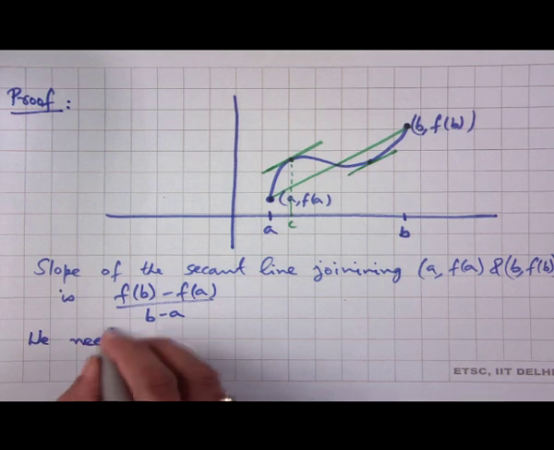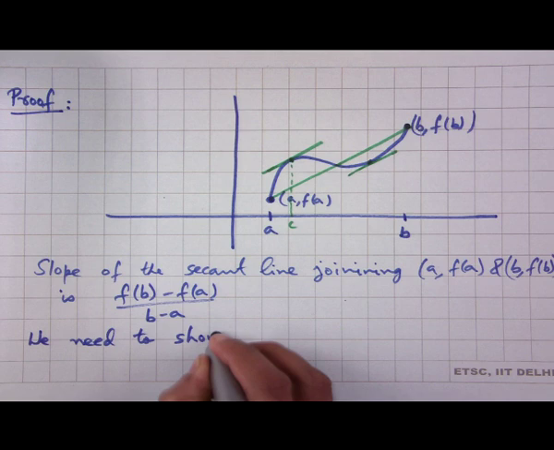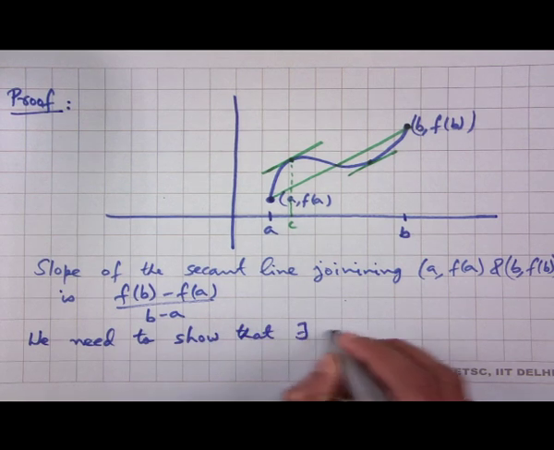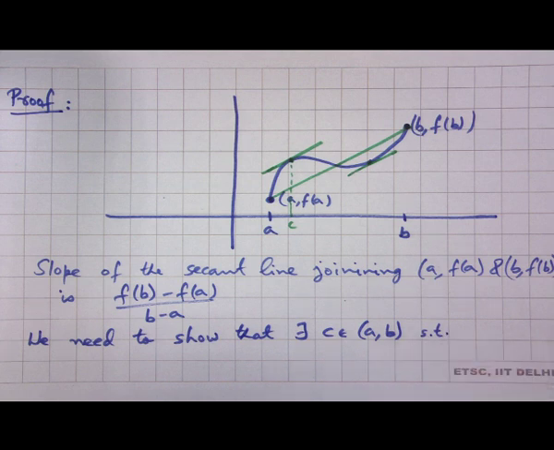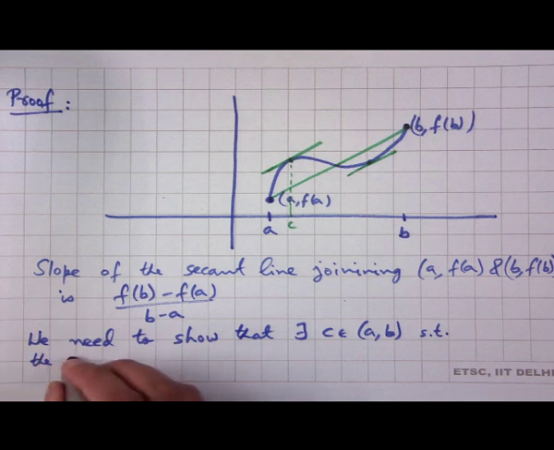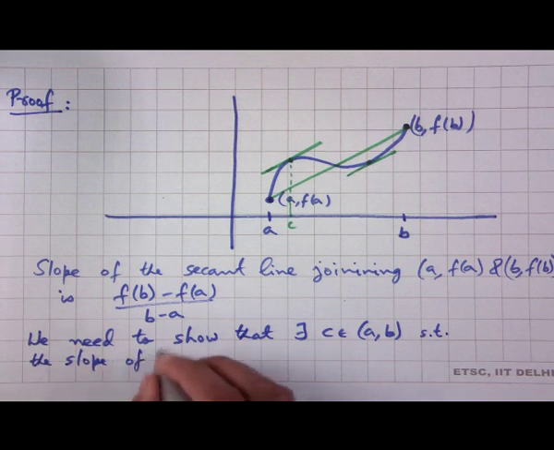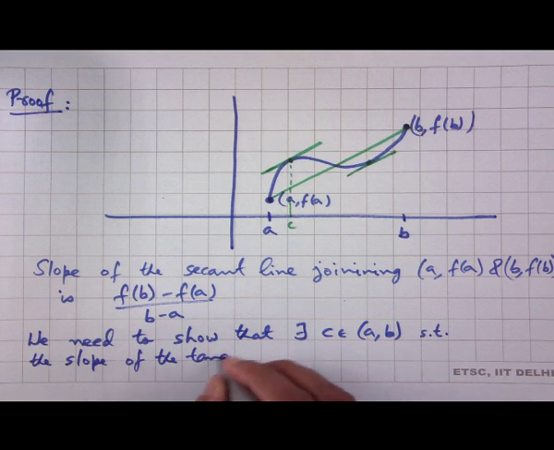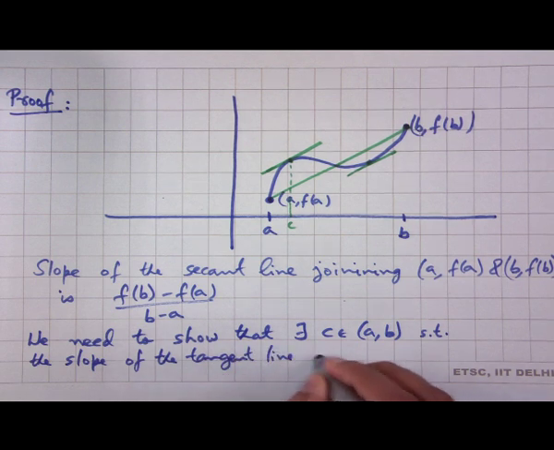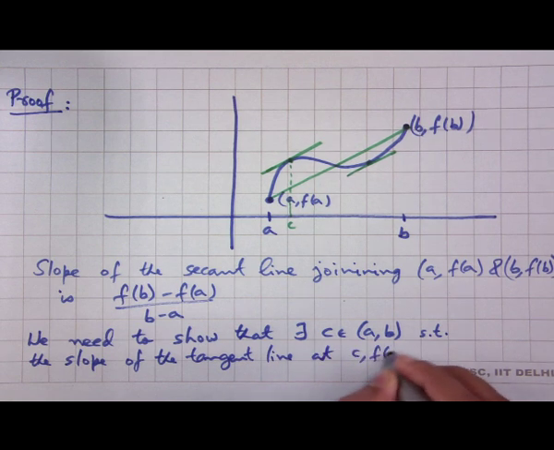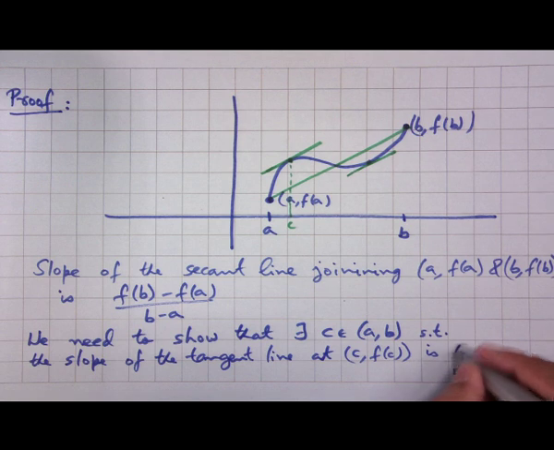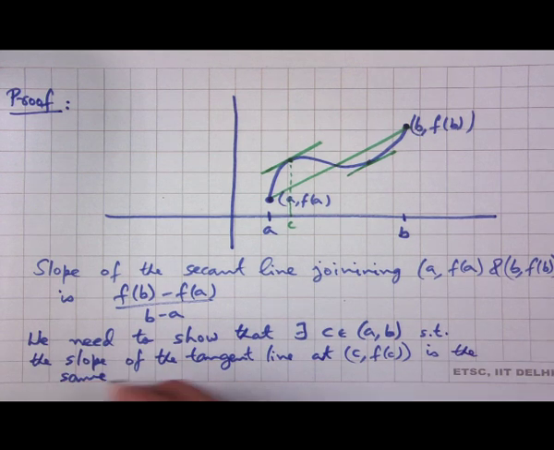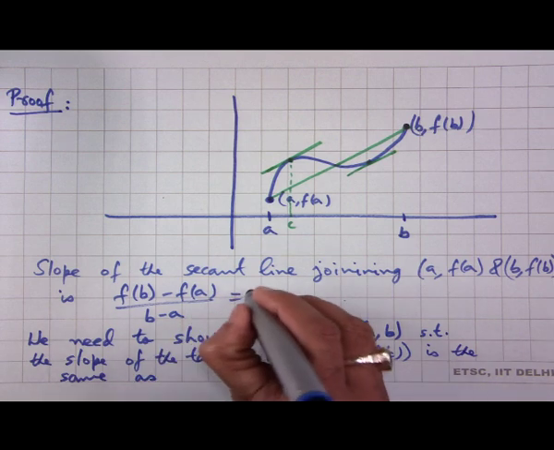We need to show that there exists c in (a, b) such that the slope of the tangent line at (c, f of c) is the same as, let me call this slope m.